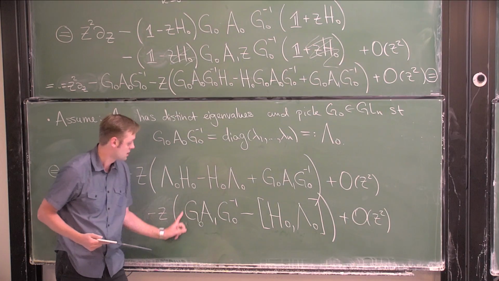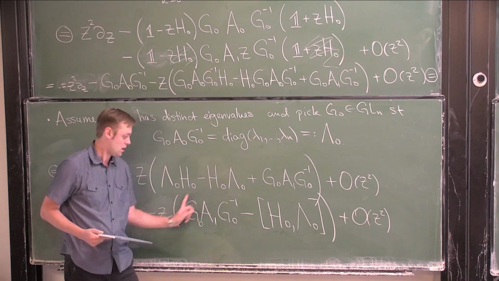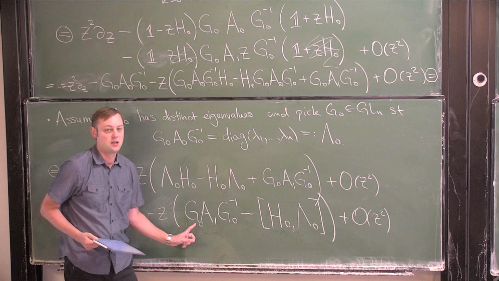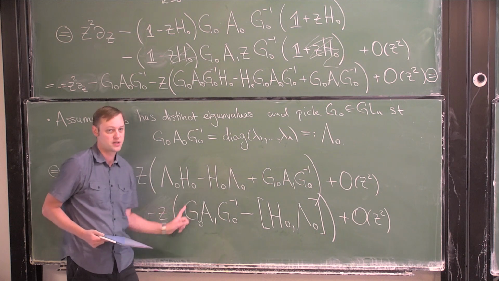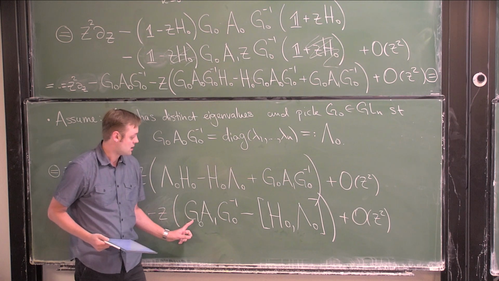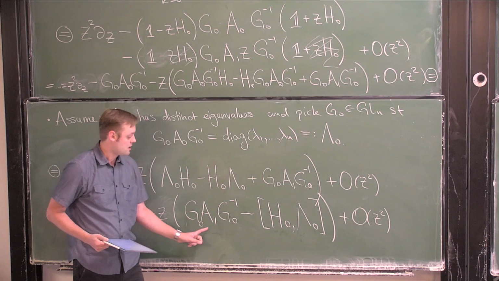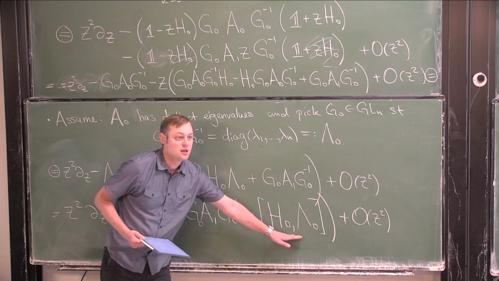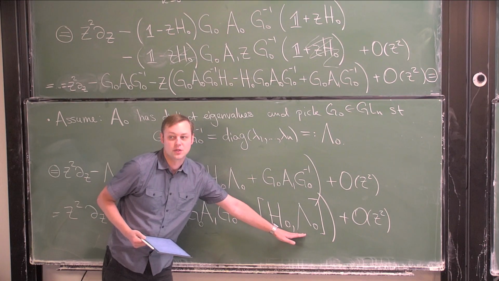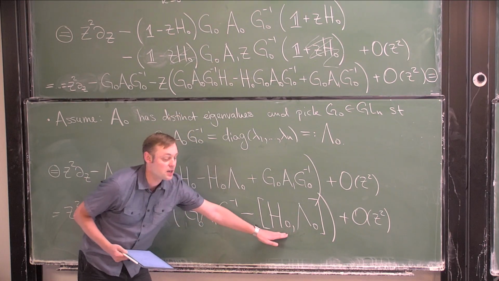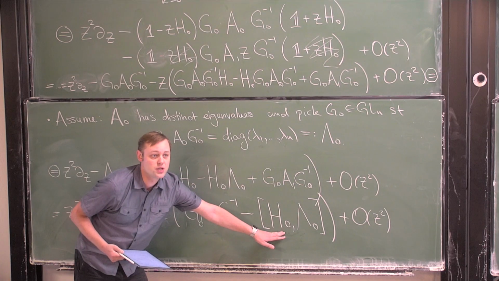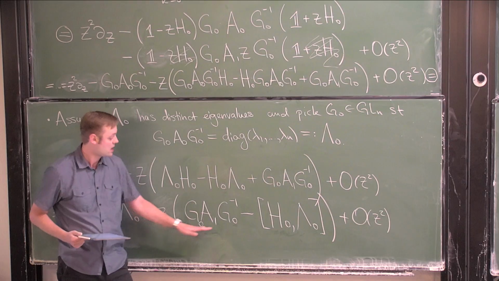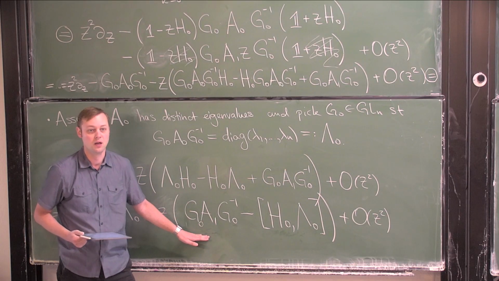This matrix is basically an arbitrary matrix in GLn, but it has a diagonal part and an off-diagonal part. The off-diagonal part is what this is designed to kill. So we can pick a unique H naught that will kill the off-diagonal part of this matrix, and all that will remain is the diagonal part.